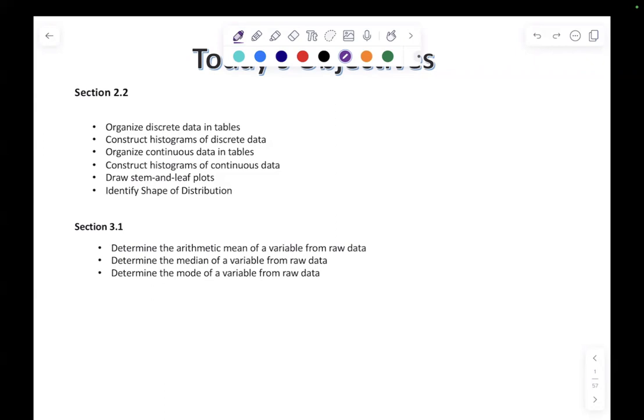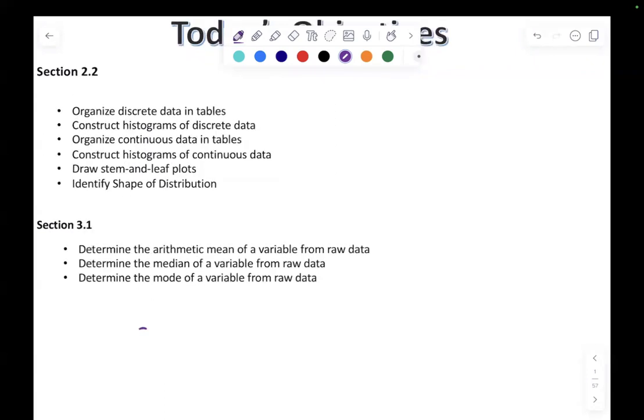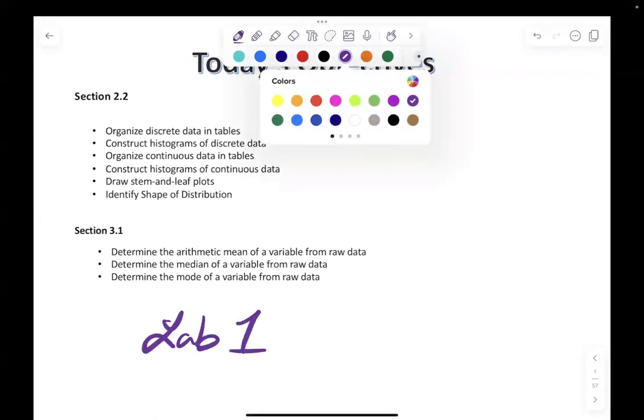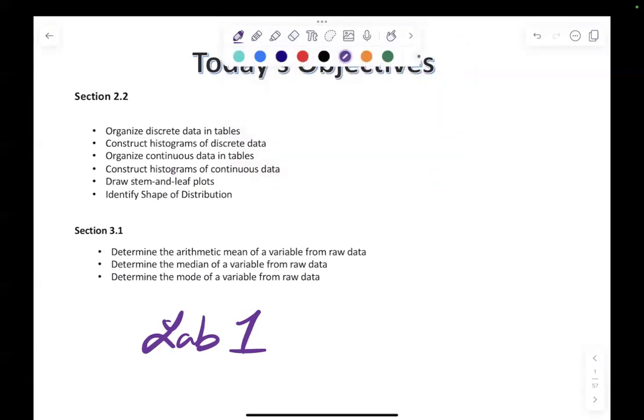And then it's not on the screen, but I'm going to write it. Maybe if I can get my pen working. Okay. We have, whoa, that's fat. Lab 1. How do I change the width of my pen? There we go. Let's make it not as fat.